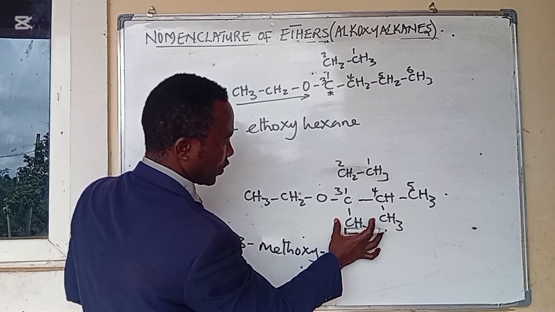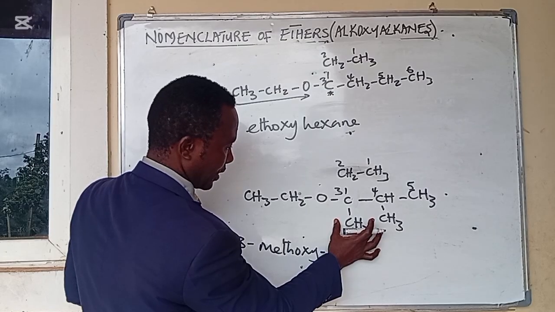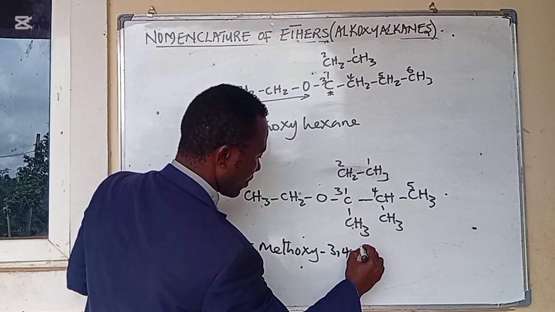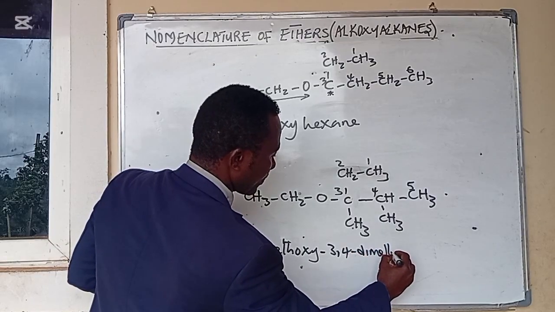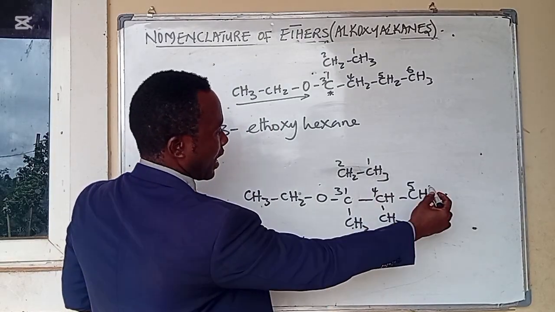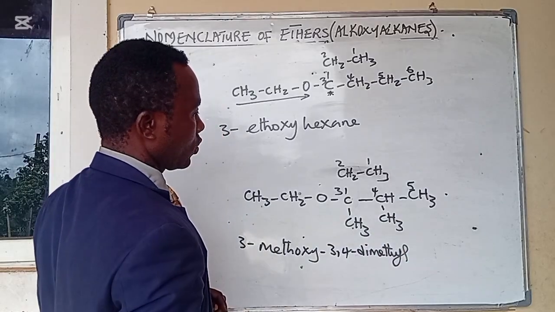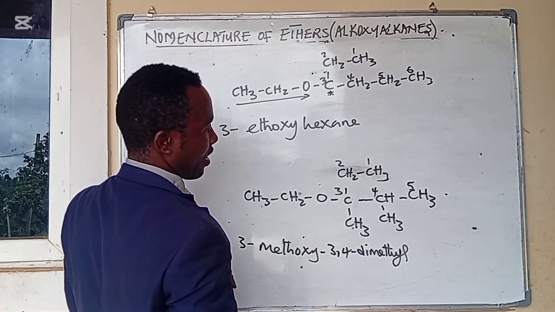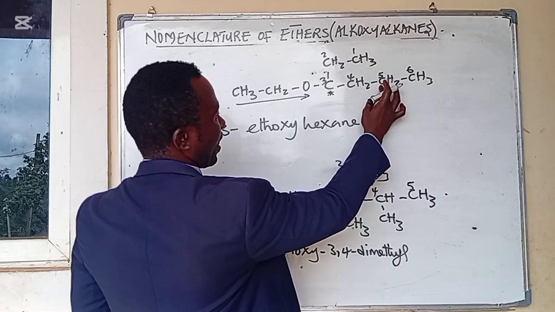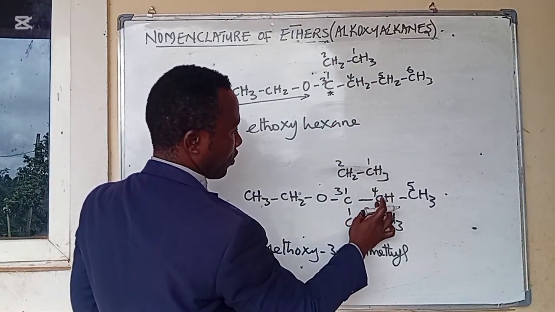There is a methyl substituent at carbon number 3 and 4. That is 3,4-dimethyl. Then name the entire system, which is 5. All right, this is 1, 2, 3, 4, 5, 6. 1, 2, 3, 4, 5.